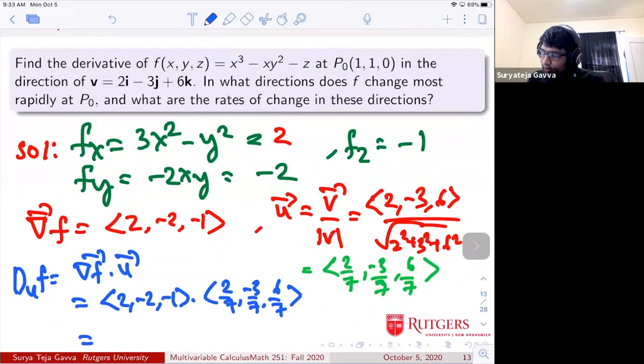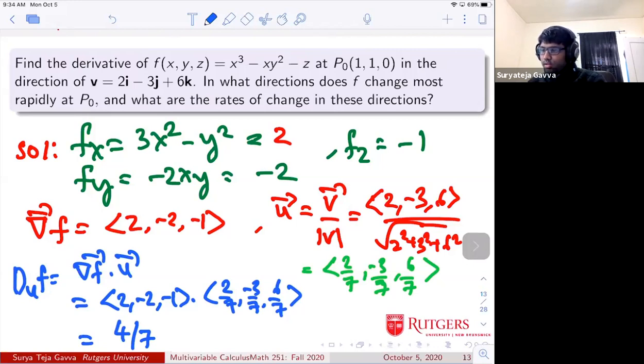If you compute this, it turns out to be 4 plus 6 minus 6, which is 4, so 4 over 7. Okay, so that's how you compute the directional derivative. This is nothing different. You compute the gradient vector, you compute the direction vector, and you take the dot product. That gives you the directional derivative along the vector.